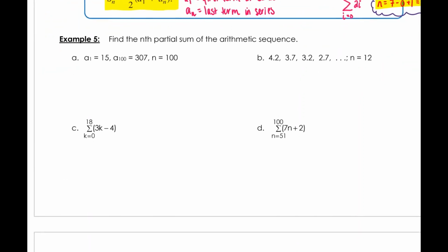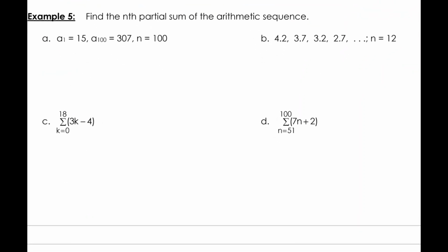Let's go ahead and find the nth partial sum of the arithmetic sequence. Notice that a sub 1 is 15, a sub 100 is 307, and they're telling us that n is 100. So we would have S sub n is equal to 100 over 2 times 15 plus 307.